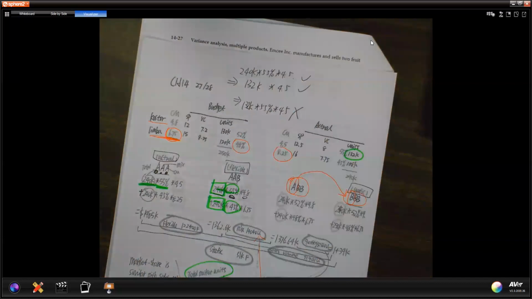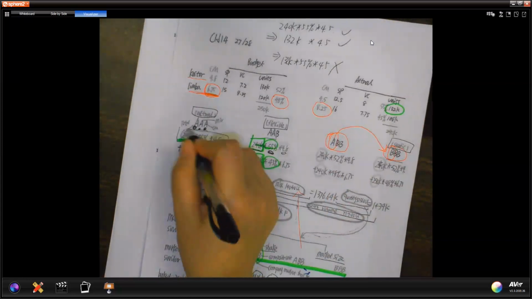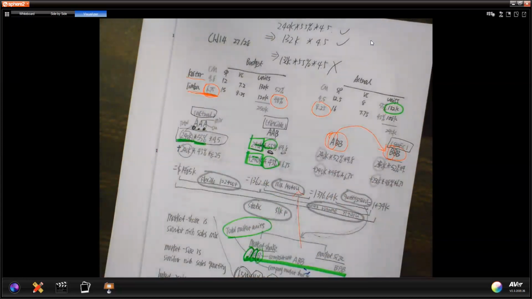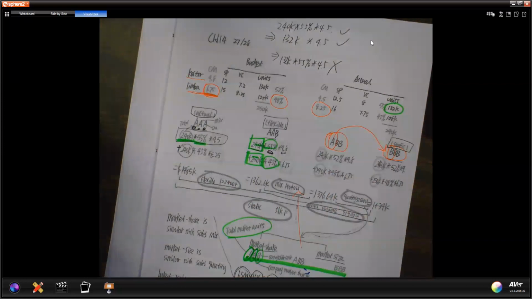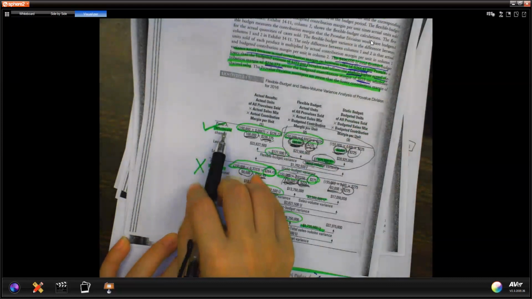Even if I ask you about the first department or the second department, each department, you still have to use the total units, right? I'm trying to show you from the textbook. If I just ask you, hey, what's your wholesale or what's your first department?